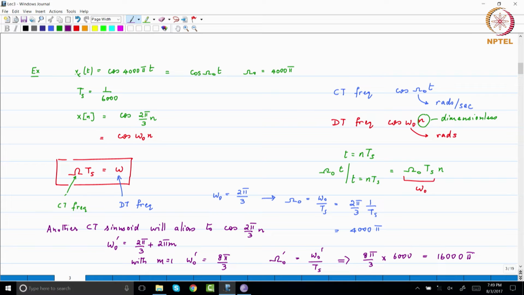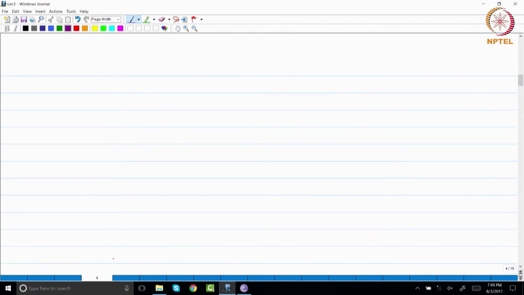So, a continuous time sinusoid cosine 16,000 pi t radians per second will produce the same result as the case of cosine 4,000 pi t. Okay. And maybe a good idea for us to just confirm, or maybe you can do that as a simple exercise.